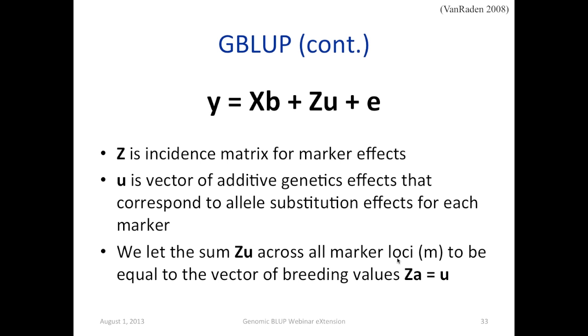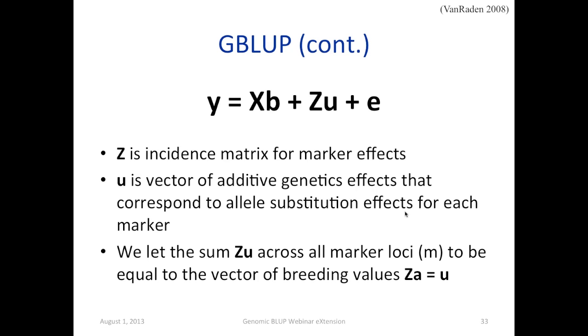So this is a mixed model equation, a linear model for the genomic BLUP. Nothing is different, right? It's the same linear mixed model. One difference is that the Z in the model is the incidence matrix for marker effects, and the U is the vector of additive genetic effects that correspond to allelic substitution effects for each marker.